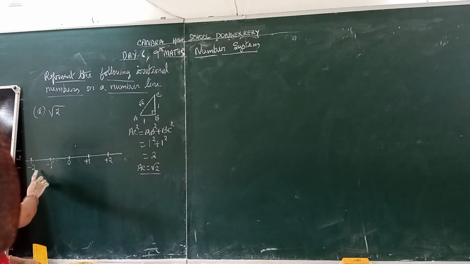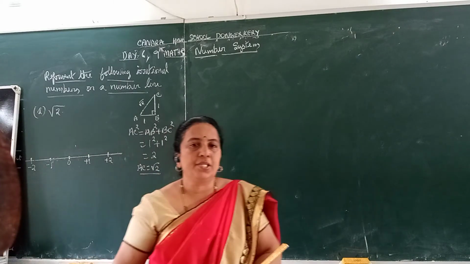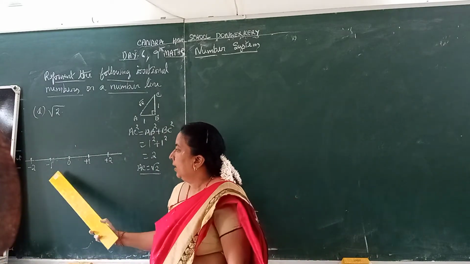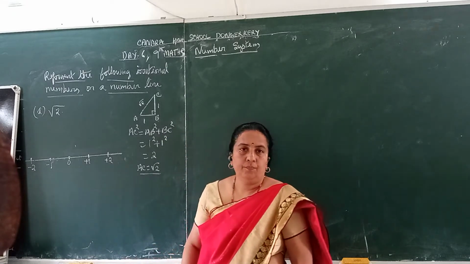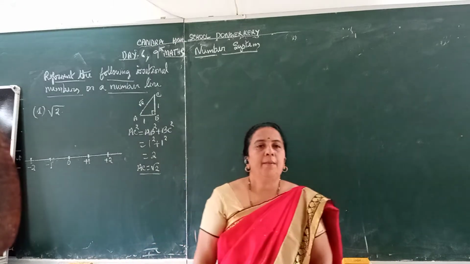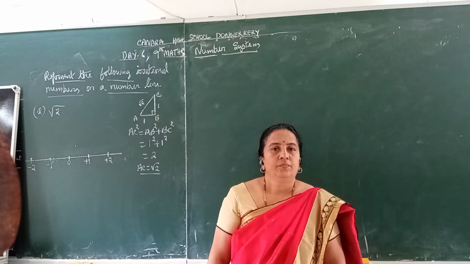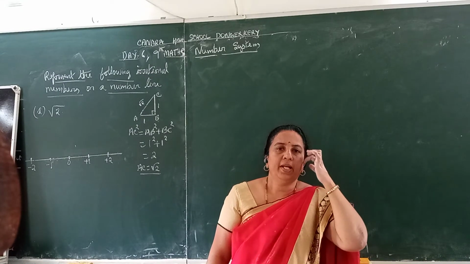Towards the left hand side take -1, -2. Total 5 inches you have to take. Write down -2, -1, 0, +1, +2. Has everyone drawn the number line now?